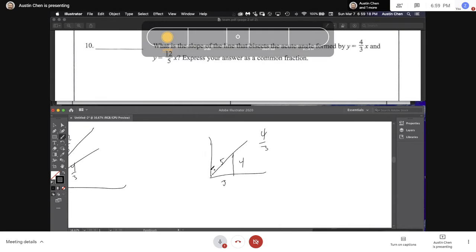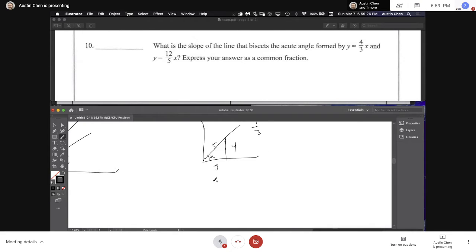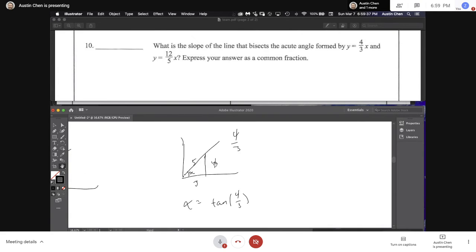And then on this angle, we can just use trig, right? We can call this angle alpha. Alpha is going to equal the tangent of 4/3. I mean, that's just basic trig, right?